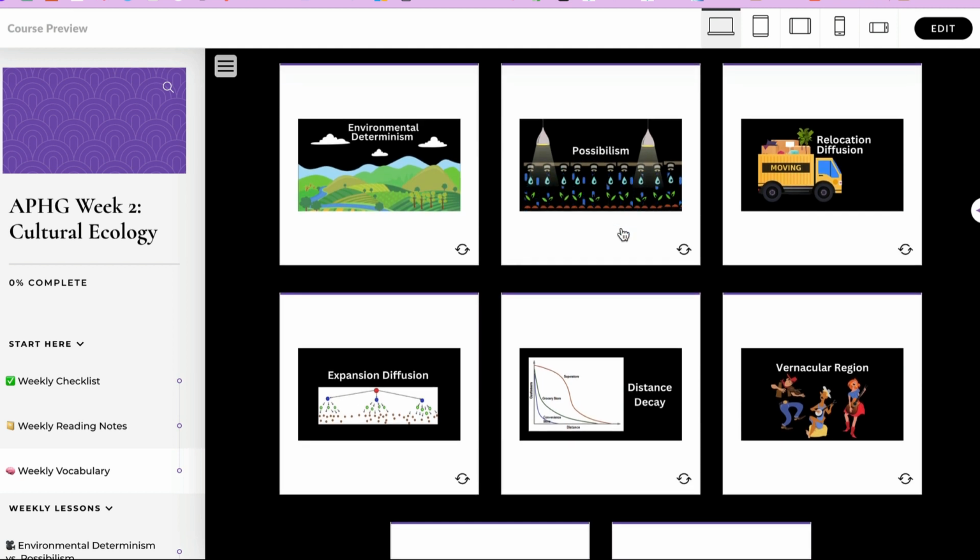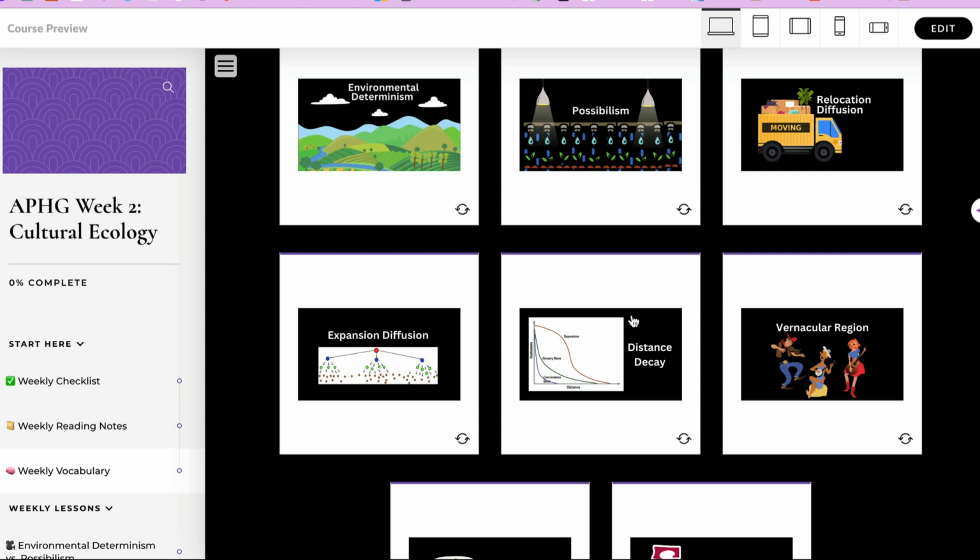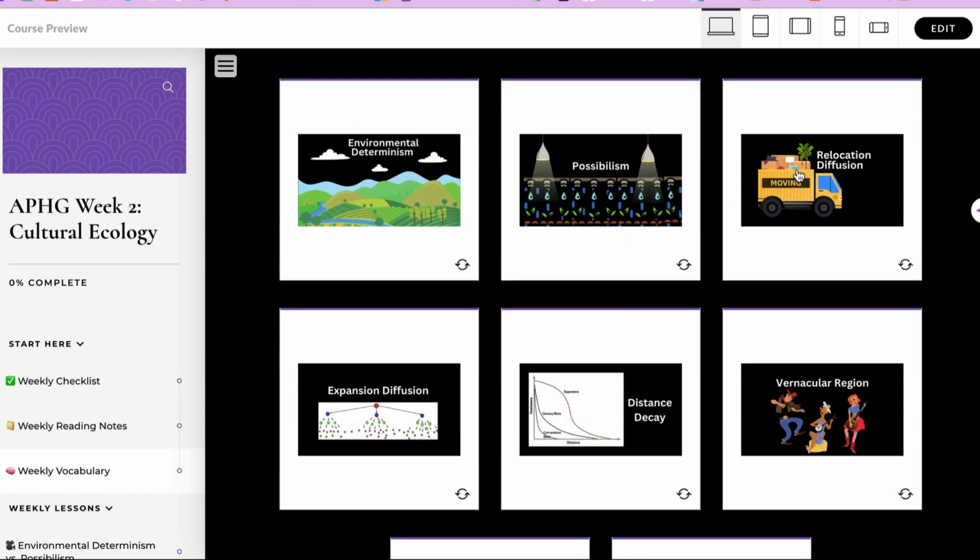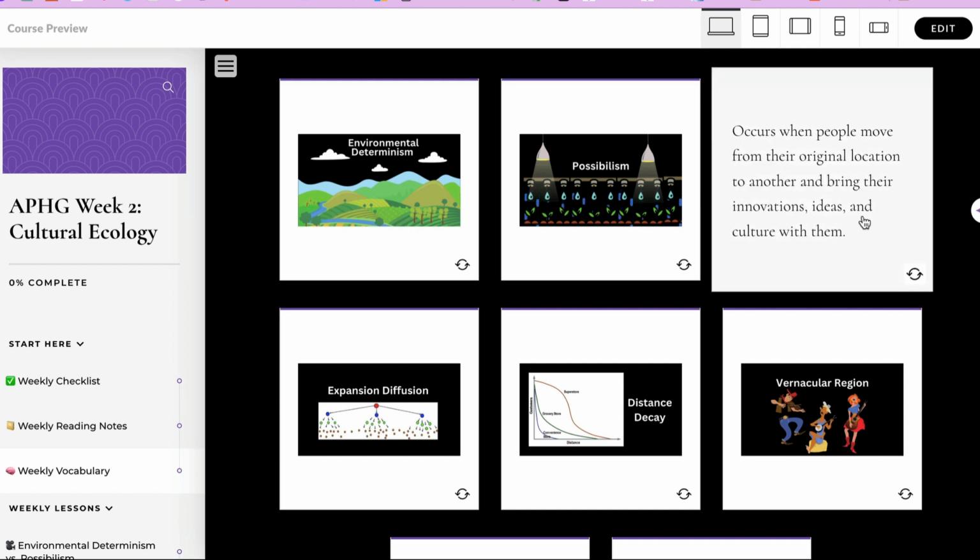As you can imagine, in reality there is going to be an interaction of the two. Another super important concept introduced in this module was diffusion. We have two major categories, and within expansion we have three additional categories. First, let's look at relocation. You can just remember somebody's relocating: a physical move.